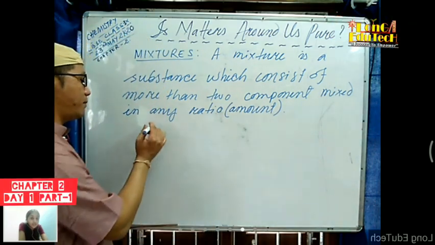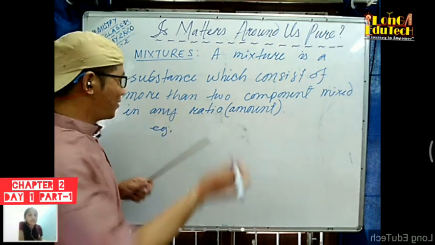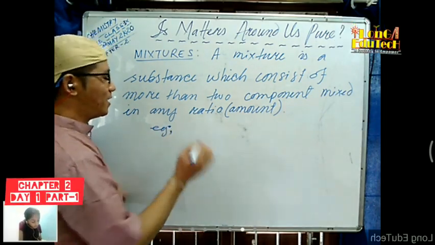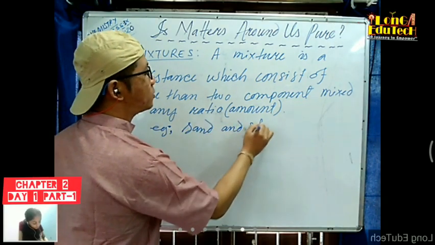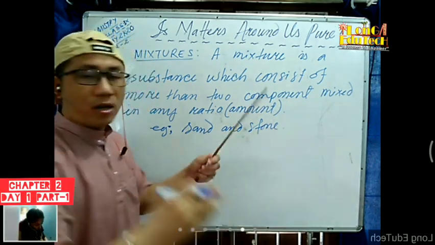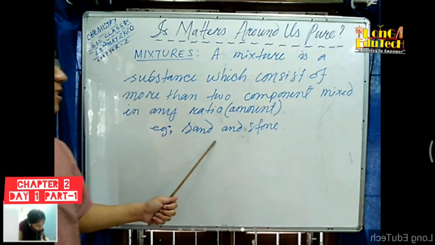For example, here we can write tanamuri. Or we can write sand and stone. If we mix sand and stone, we can still tell that this is sand and this is stone.